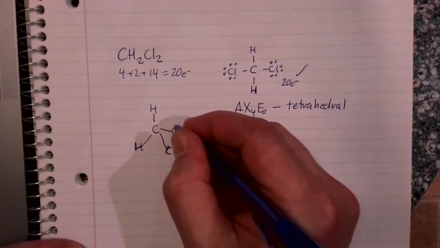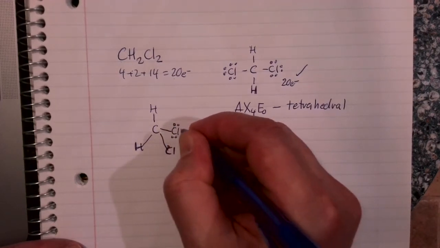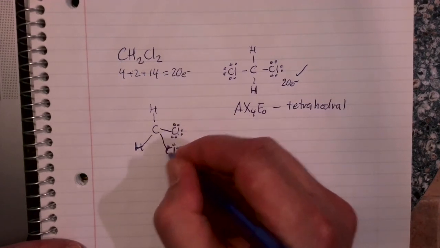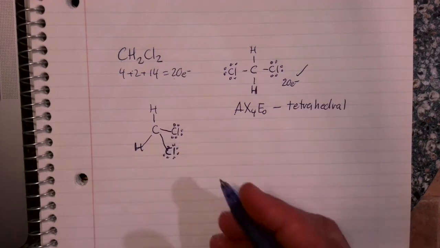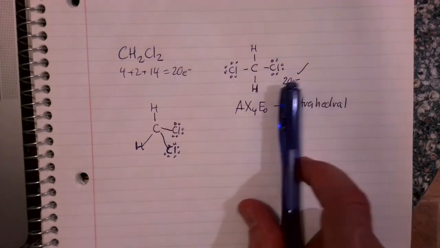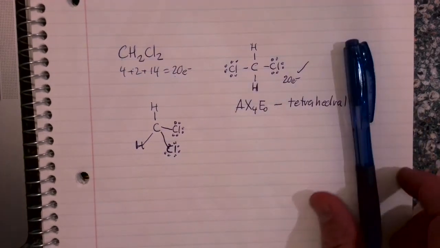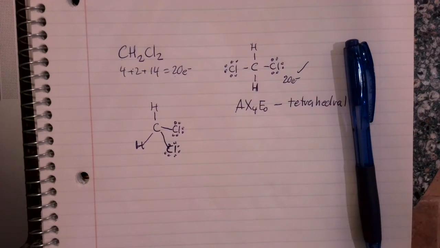So I'd have something like this. And this doesn't look very convincing to you because I've drawn it in 2 dimensions, right? But I'm trying to represent something in 3 dimensions. So what do we do?